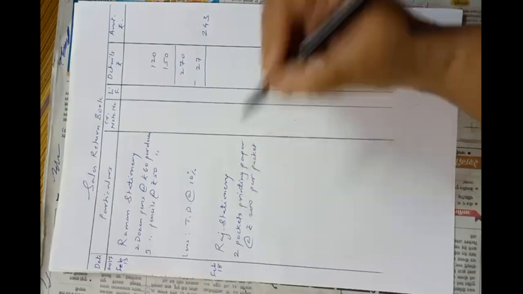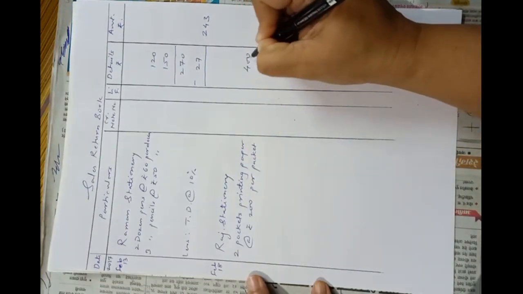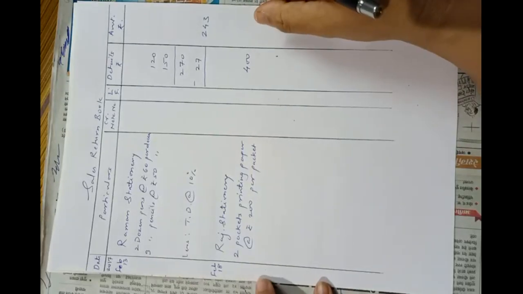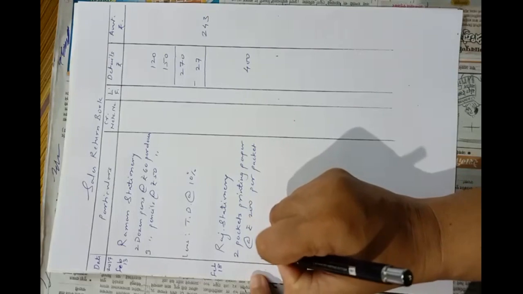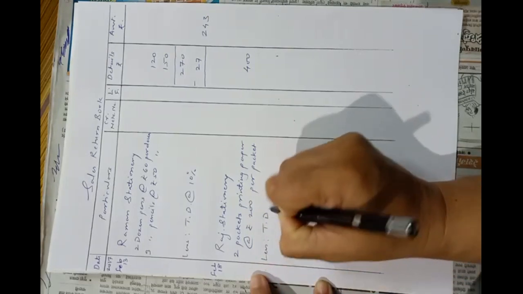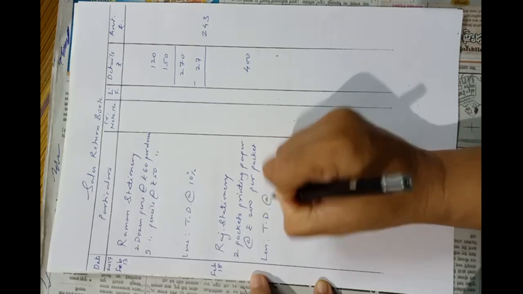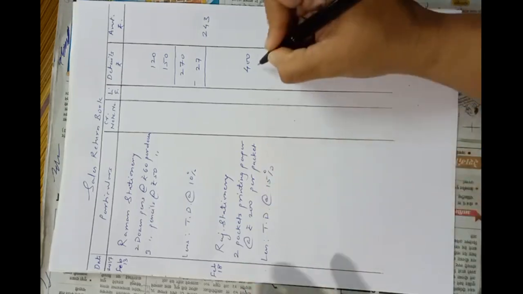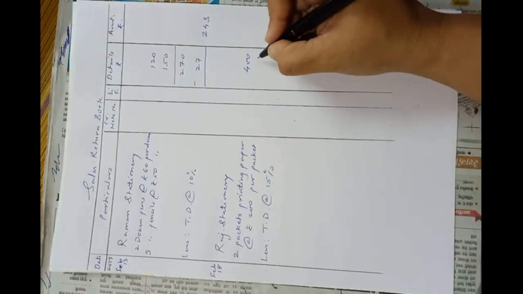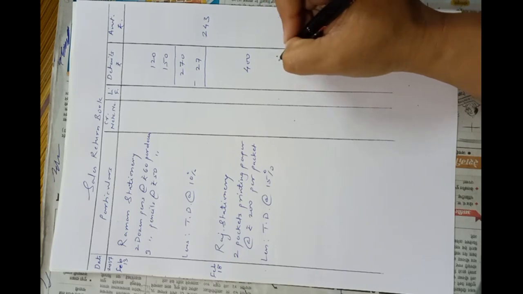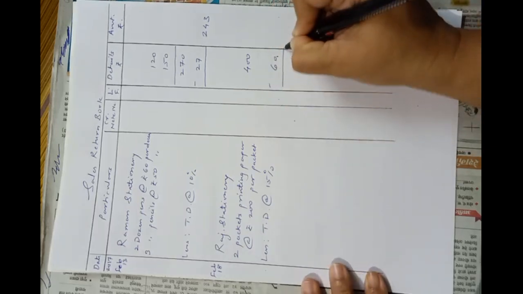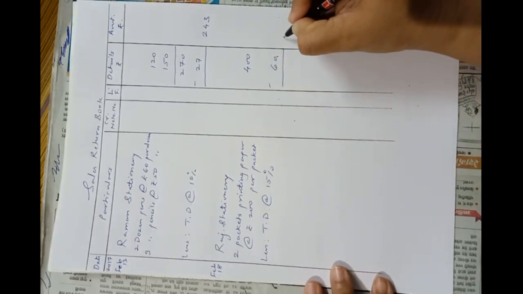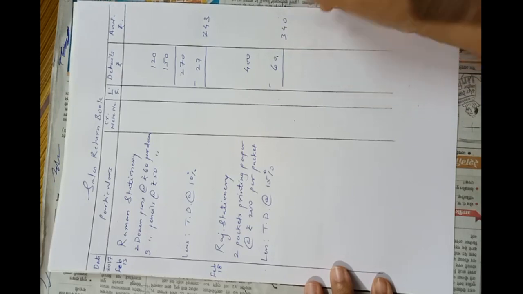So 200 into 2, that is 400. It is a single transaction, so we have to deduct trade discount now. Less trade discount at 15%. 15% of 400 is 60 rupees. So we will deduct 60 rupees and the final amount will be 340.